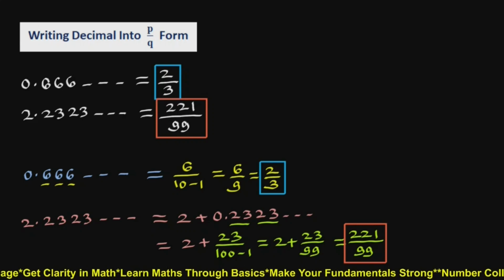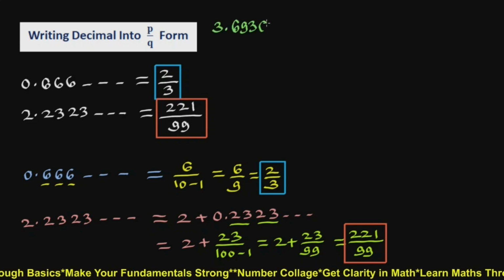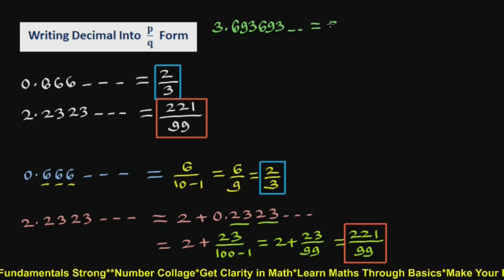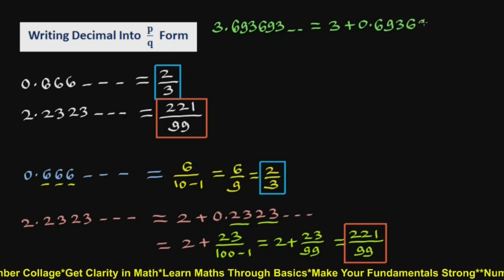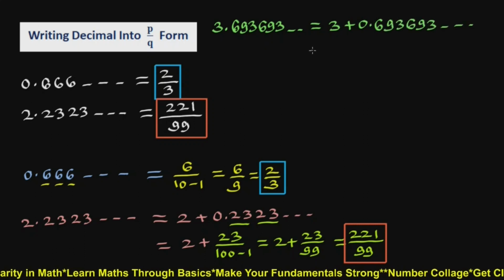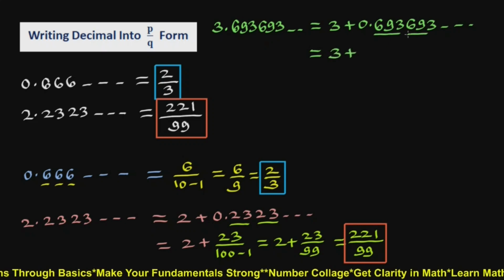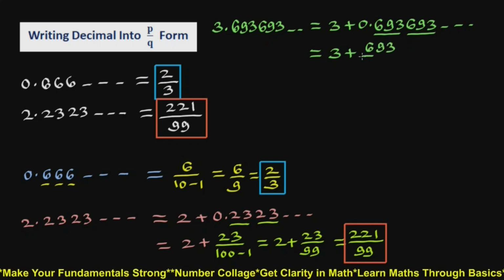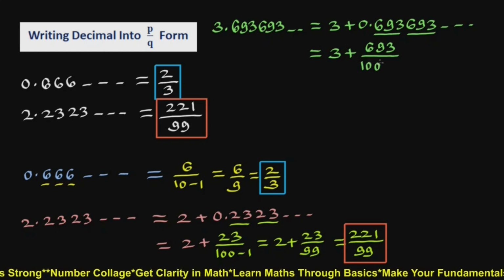Now we will try a new number 3.693693 up to infinity. This first we write as 3 plus 0.693693 up to infinity, which is 3 plus, here a three digit number 693 is repeating, that we write in the numerator upon, for a repeating three digit number we will subtract 1 from 1000.